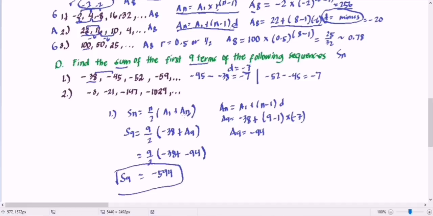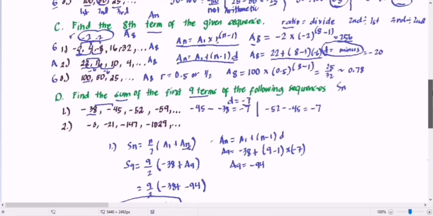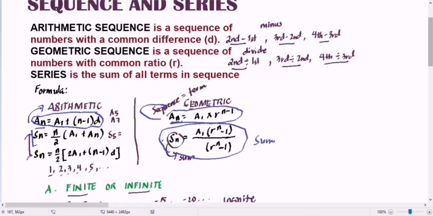Tandaan ninyo, yung a sub n dito, ibig sabihin gagamit kayo ng formula na ito, kasi yung pang-9 term kailangan mahanap. Pero pwede ring gamitin yung pangalawang formula. Mukha siyang mahaba pero mas madali ito. Tingnan natin kung gaano siya kadali. Dapat parehas na yung magiging sagot.